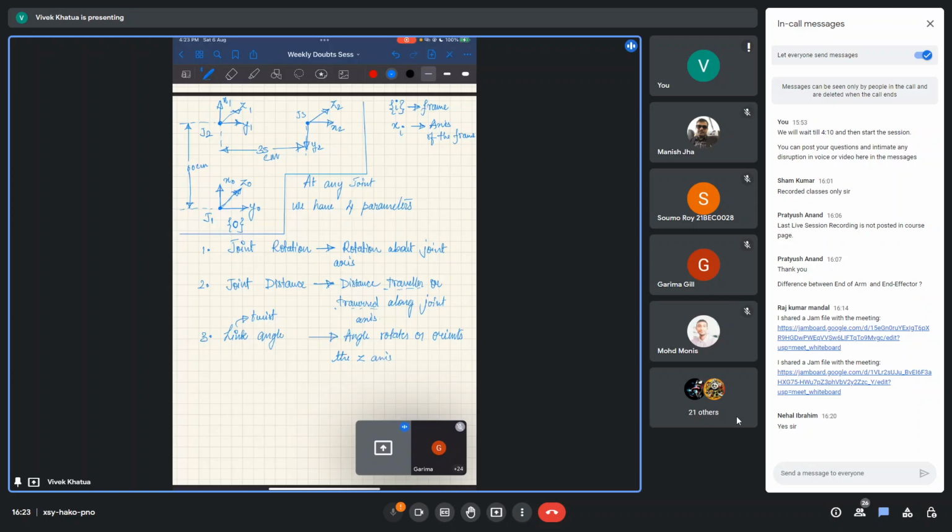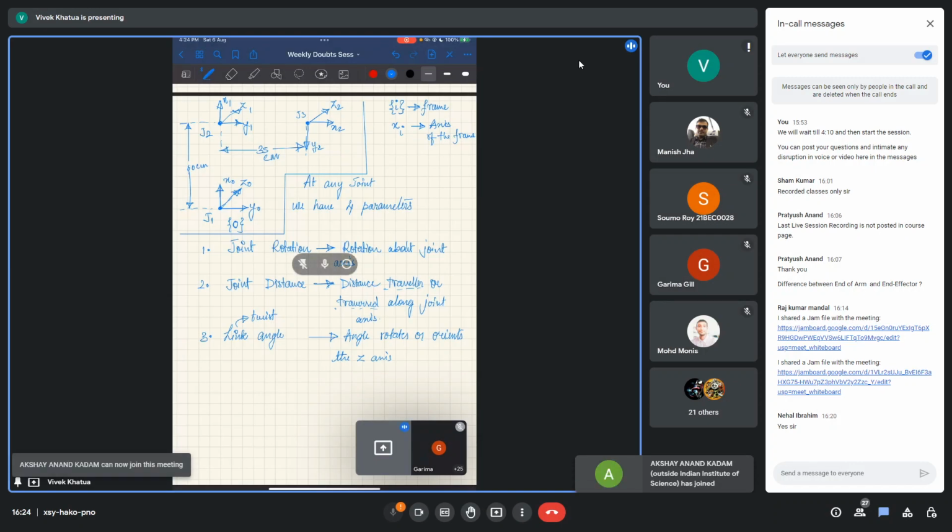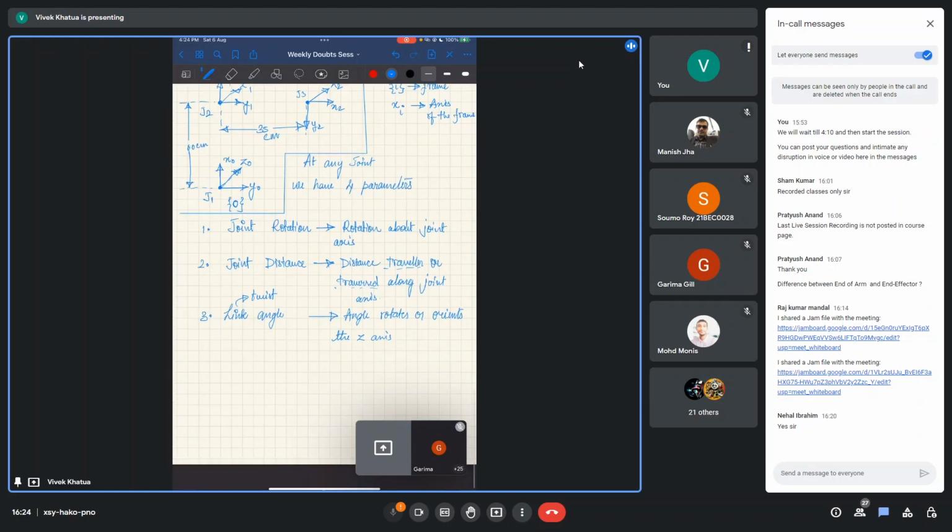From one frame to another, when your z axes are not the same, not parallel, your twist angle comes into the picture. So there is some twist that has happened. Let's take your arm. If you move it across a plane, you will see all of them having the same z axis. The moment it goes out of plane, you know that you are twisting somewhere. That is the twist angle that we are talking about.